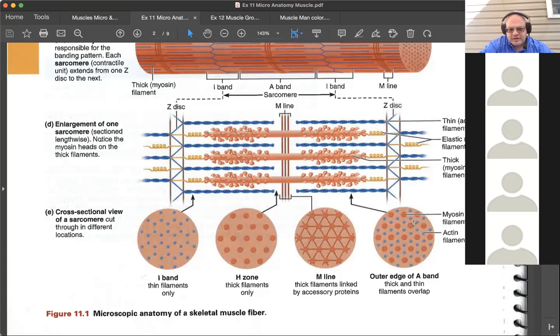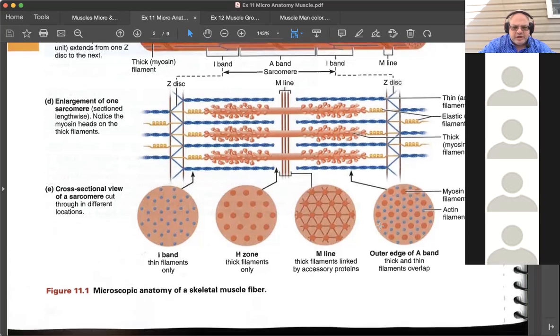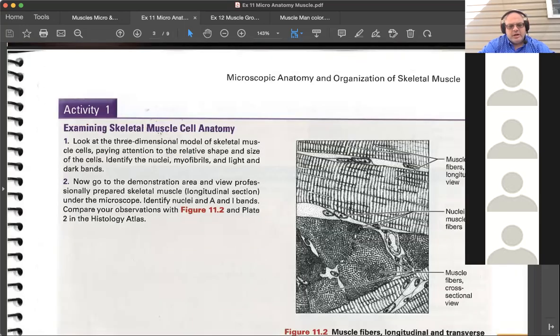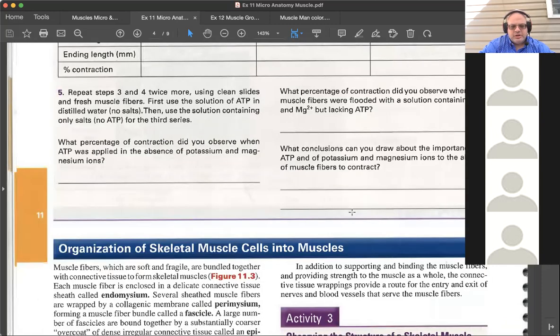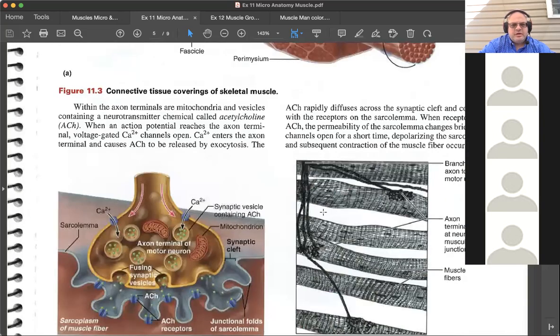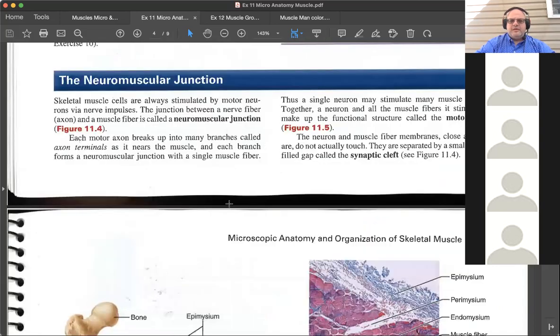Each actin has 3 myosins around it, arranged in a hexagonal structure. What that does is increase the amount of contact between the heads of the myofilaments, the myosin and actin.